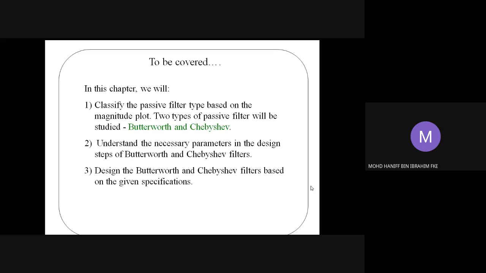And number 3, only then can we design the Butterworth and Chebyshev filters based on the given specification. You need to be given a specification before you can design them. We will see later what is meant by the specification.